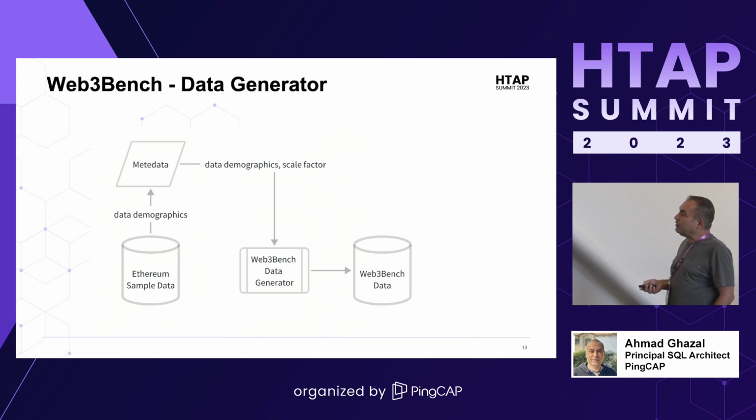Okay, so the data generator lets you say what size of data you want, and you give it some data demographics like the relationship between the tables, frequencies, just some basic information, like how many foreign key values for one primary key value, which in databases we call frequencies, right? How many transactions per block, for example. So that information we use, we produce some synthetic data for Web3, and we save that, okay?